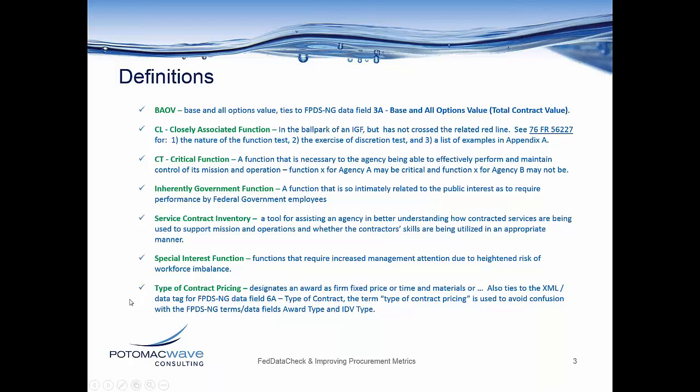Some people call it type of contract, but to us that gets confusing as to whether it's a delivery order, purchase order, or GWAC. So when we talk about firm fixed price, time and materials, labor hours, the term we like to use is type of contract pricing. That's also the term they use in the FPDS-NG data dictionary.